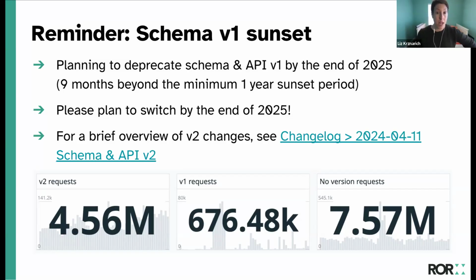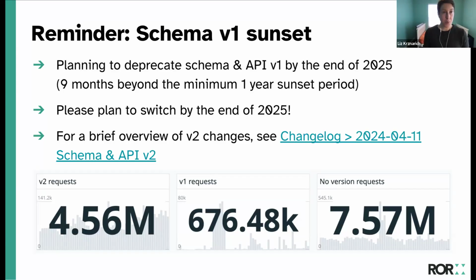And I just have a quick infographic showing what we are seeing in terms of request versions in our API. It's holding pretty steady at about a third of them coming in version 2, most of them still coming in with no version, which makes sense because the ROR API was not versioned before we developed this versioning process and launched version 2.